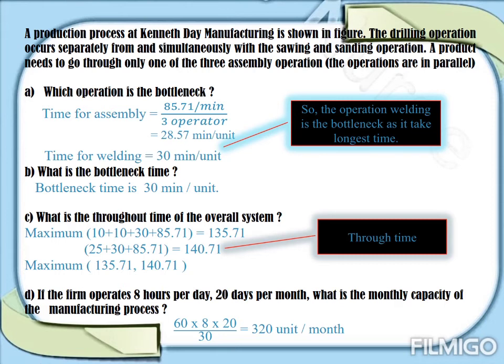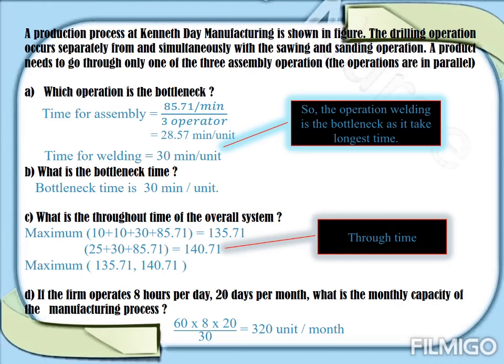That means 85.71 divided by 3 is equivalent to 28.57 minutes for the assembly process. Now we should compare the time consumption between all operations to find out which is the bottleneck.